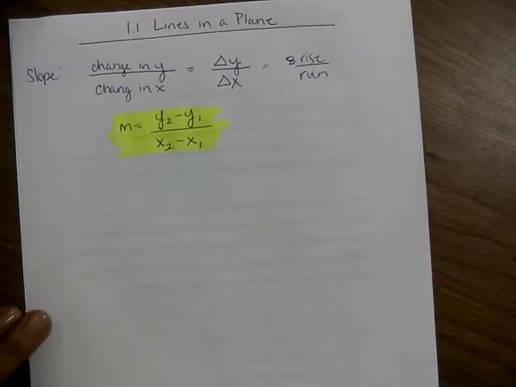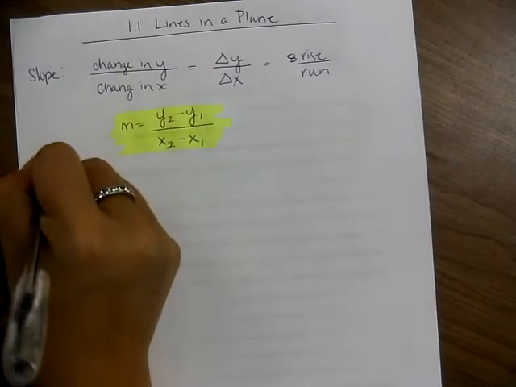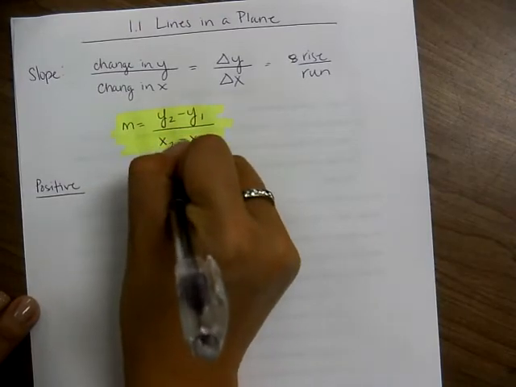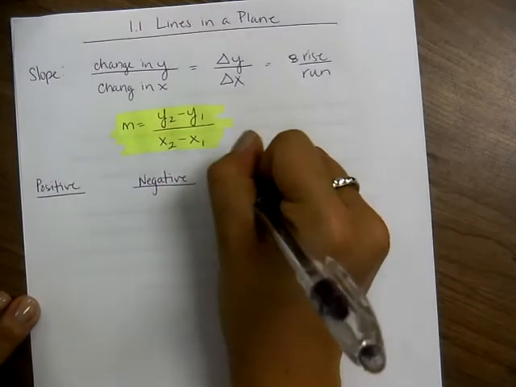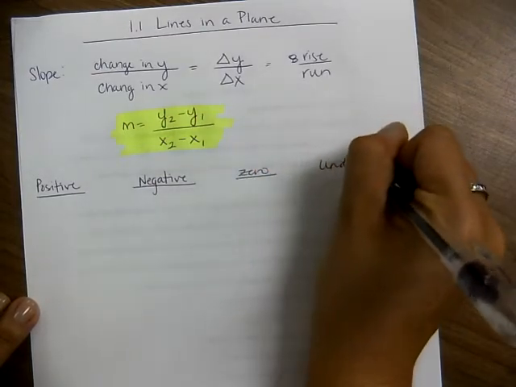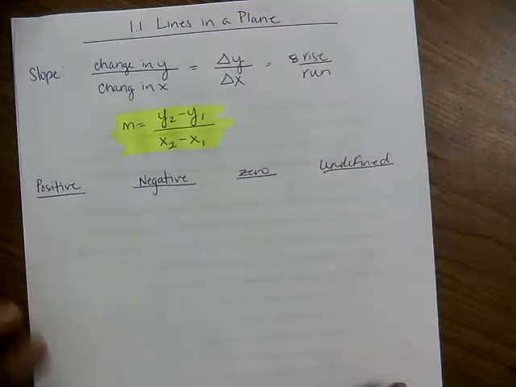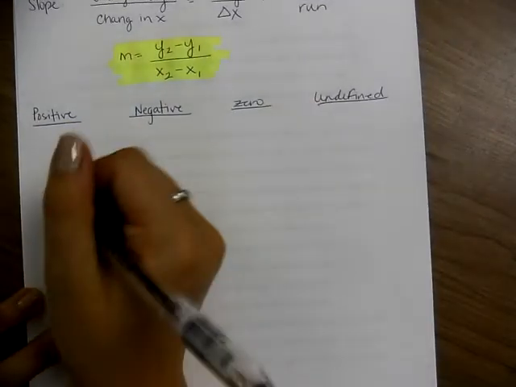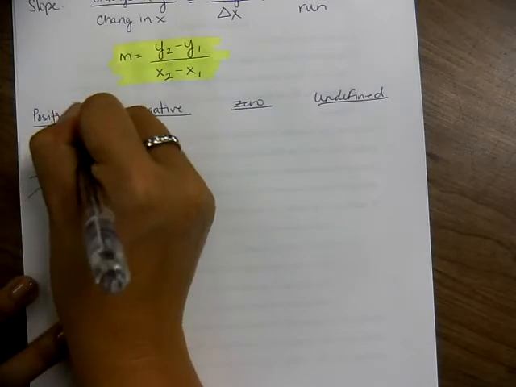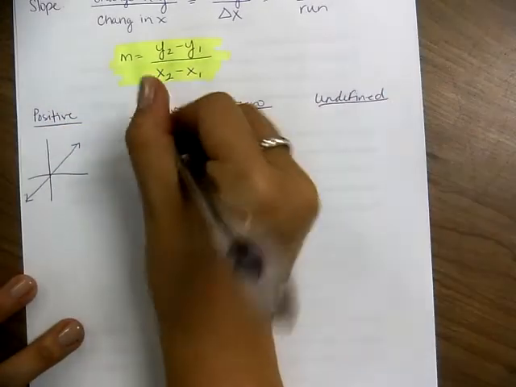Okay, so there are 4 types of slope. There's positive, negative, 0, and undefined. Alright, now positive slope rises from left to right.